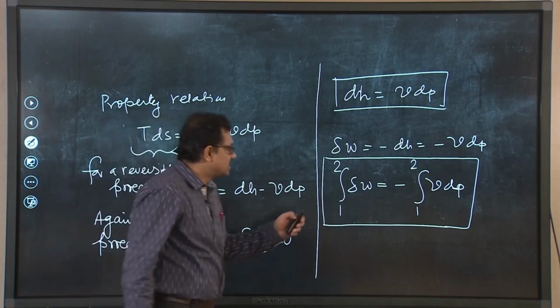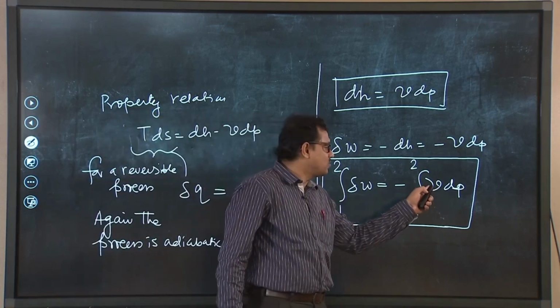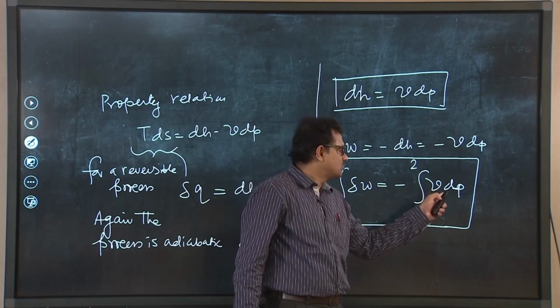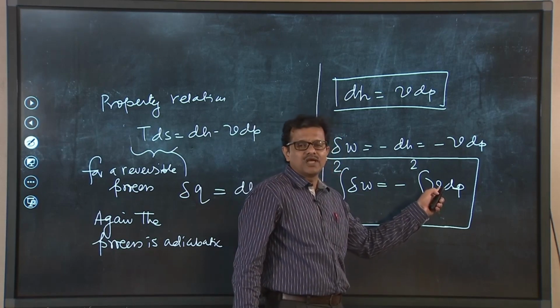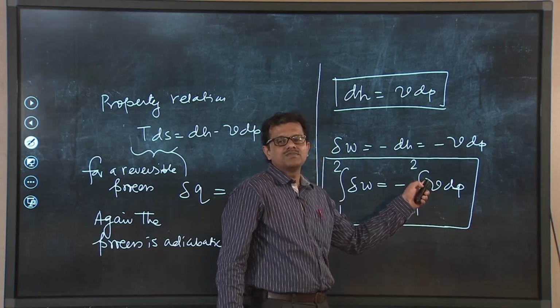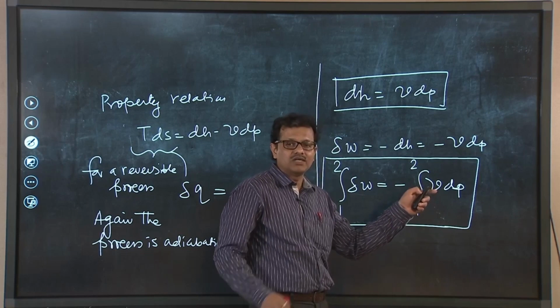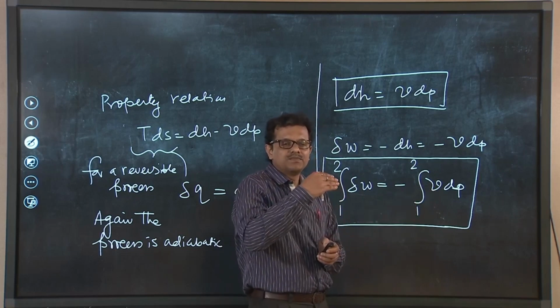So, work that should be supplied to compress the air, if we assume that this is V1, which is basically a specific volume. If we assume that the specific volume of the gas at the inlet is V1, then we need to compress it from P1 to P2.